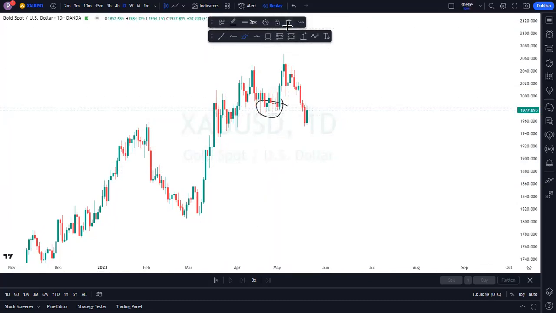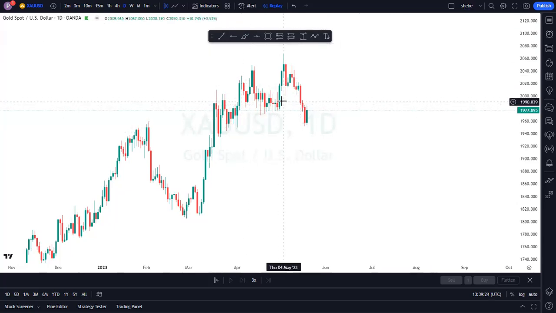How are we sure that it's going down? Because it has broken the structure. Whether it is a break of structure or a daily break of structure, breaking of any structure tells us that we are shifting a certain phase and entering another phase.